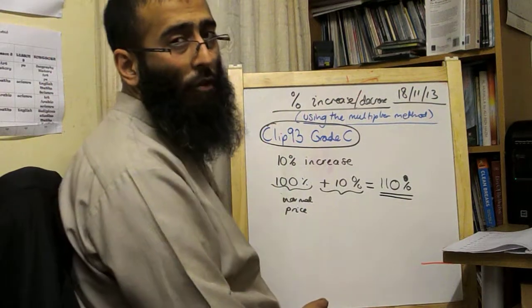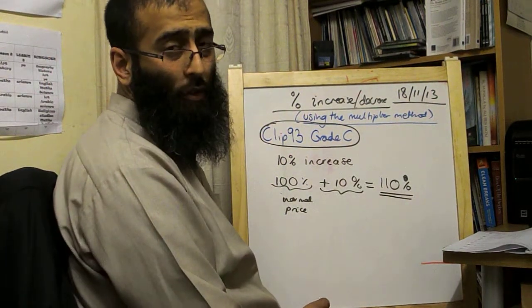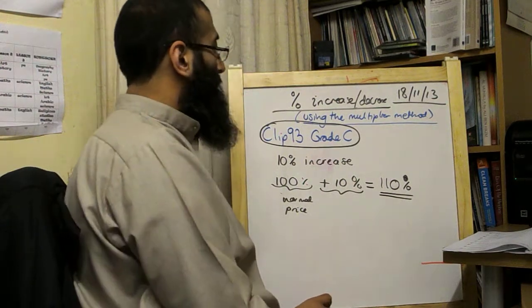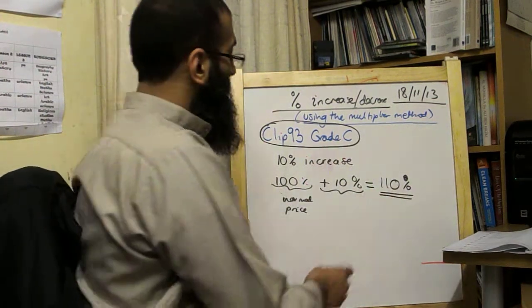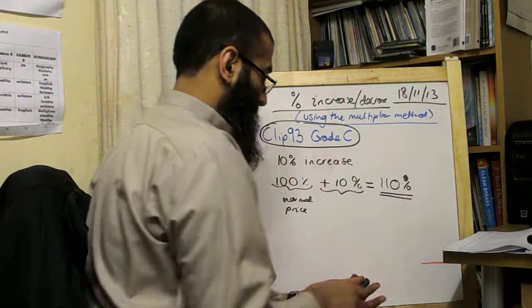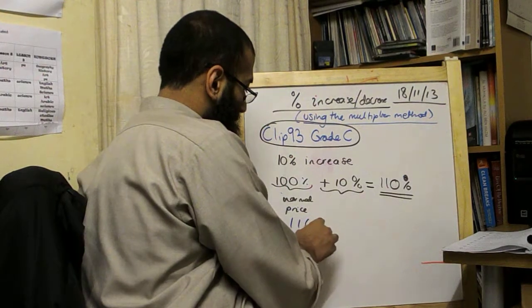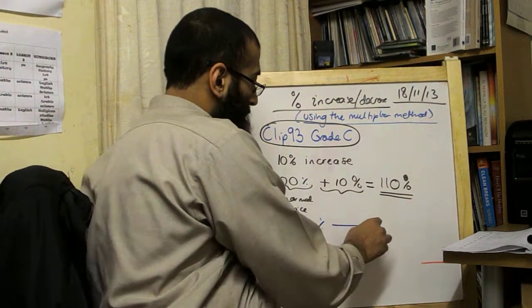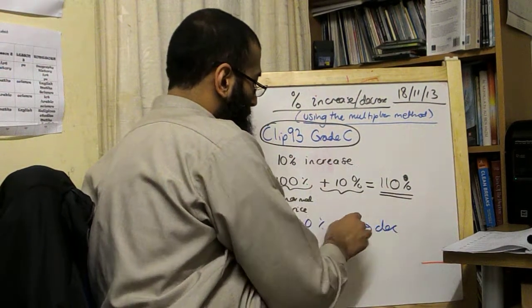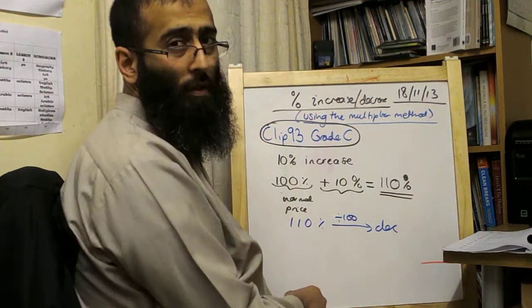percentage. Now 110%, if we want to do this using the multiplier method, as they do in our examination papers, we need to change that into a decimal. The way that we change 110% into a decimal: we have 110. If we want to change that into a decimal, what do we do? We divide it by 100.